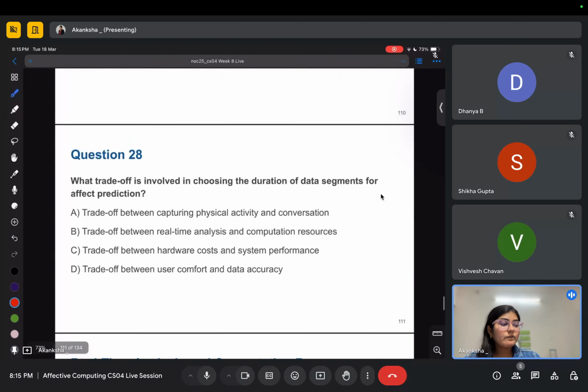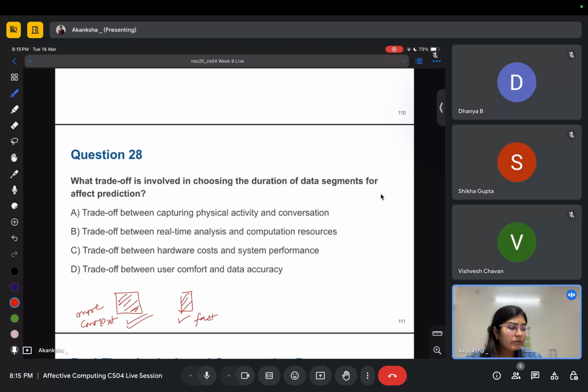Okay, what trade-off is involved in choosing the duration of data segments for affect prediction? I just told you that with the window size, if it is larger, then more context can be captured, but if it is shorter, then it is fast. The trade-off between physical activity and conversation?